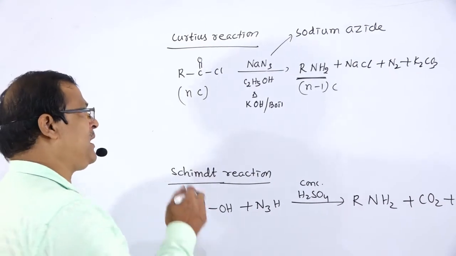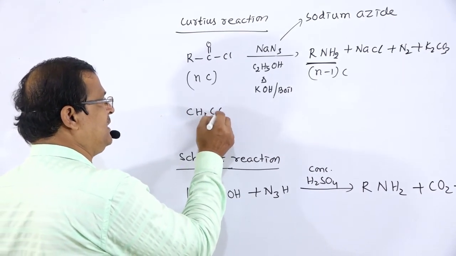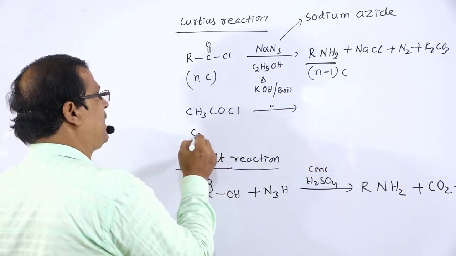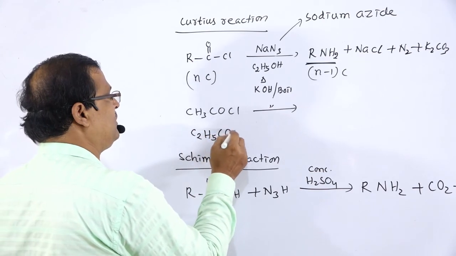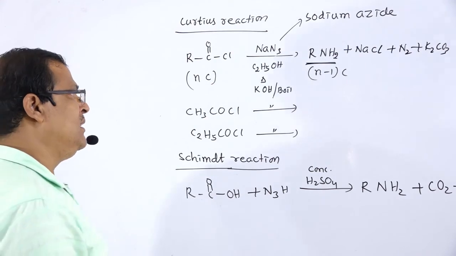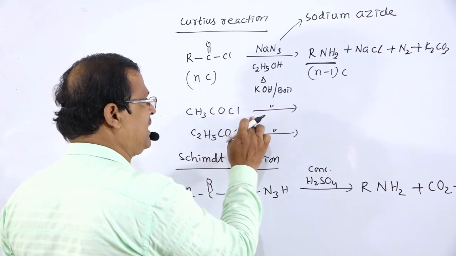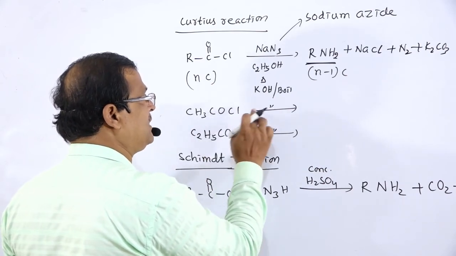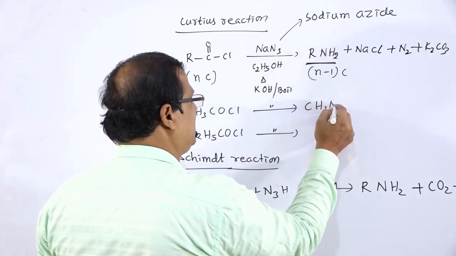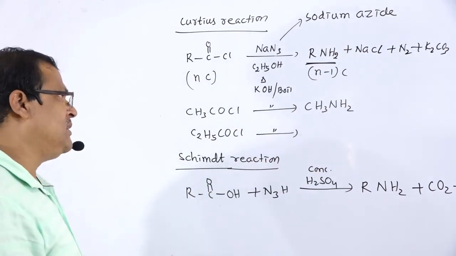For example, if we take acetyl chloride, CH3COCl, the same reagent is given, or propanoyl chloride, C2H5COCl, the same reagent is given. Acetyl chloride treated with sodium azide gives CH3NH2, an amine with one carbon atom less.